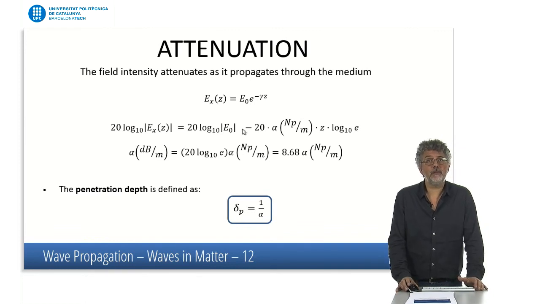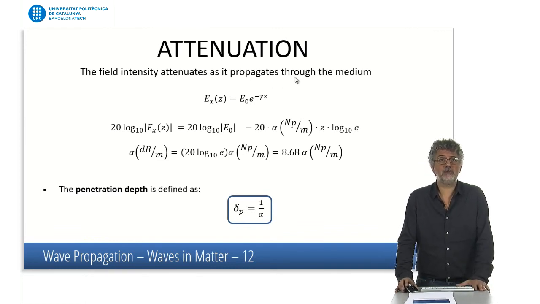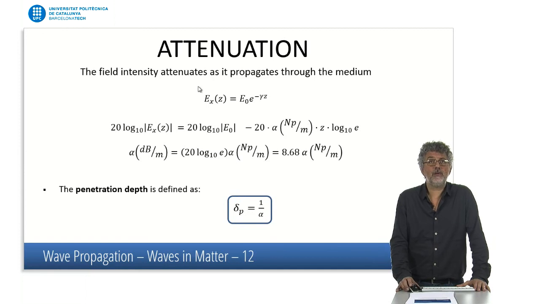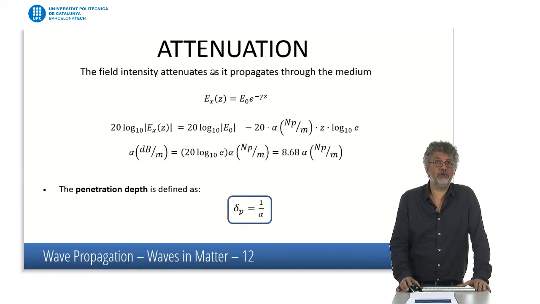Now, let's see the meaning of those quantities, especially alpha. Alpha measures the attenuation, or it causes the attenuation of the wave.